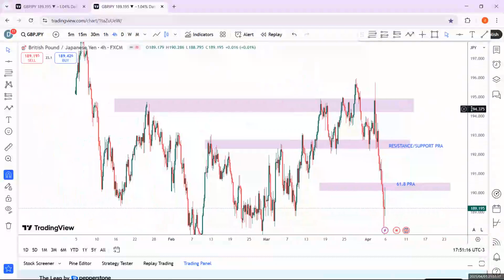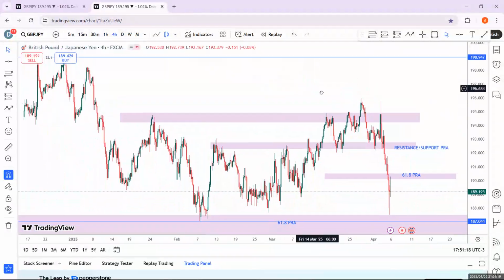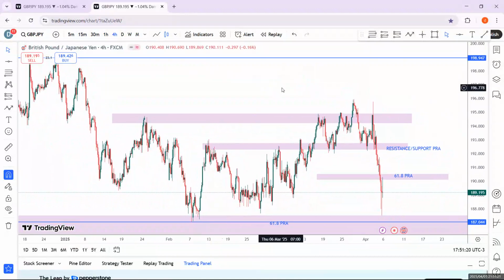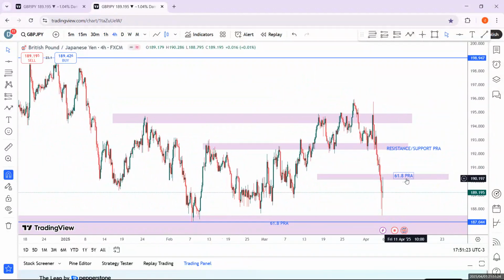So in this type of case, there are two ways that we can do this. If we are waiting for prices to come to the 61.8 instead of any support turn resistance, then we should be ready to let some trades go.